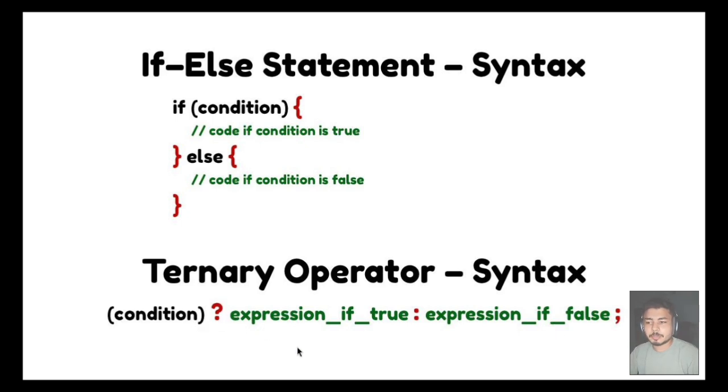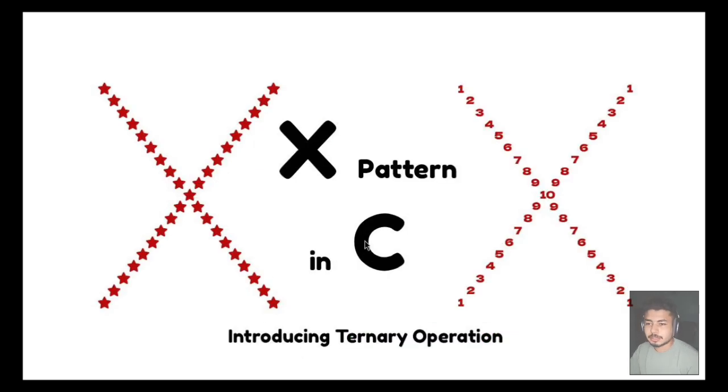So this was the brief idea of the ternary operation. Now let's see how to write it in practice. So we move on to the same X pattern, and I show you how we can use the ternary operation in code.